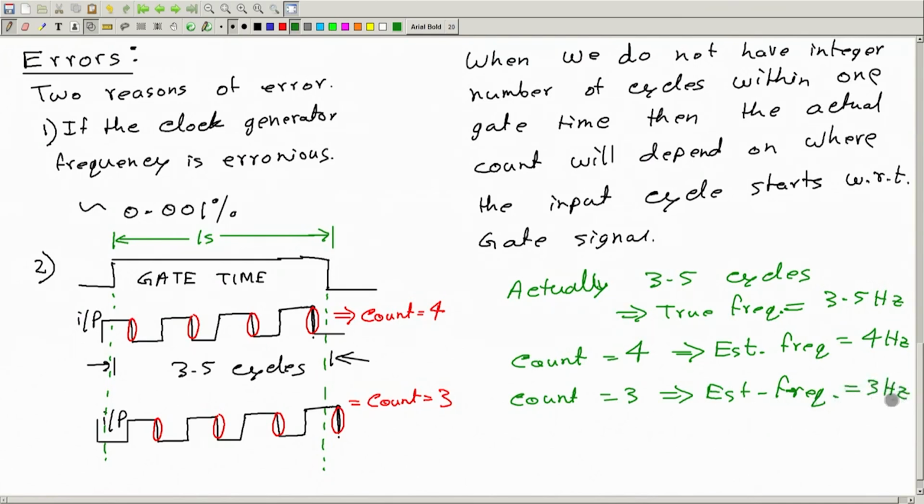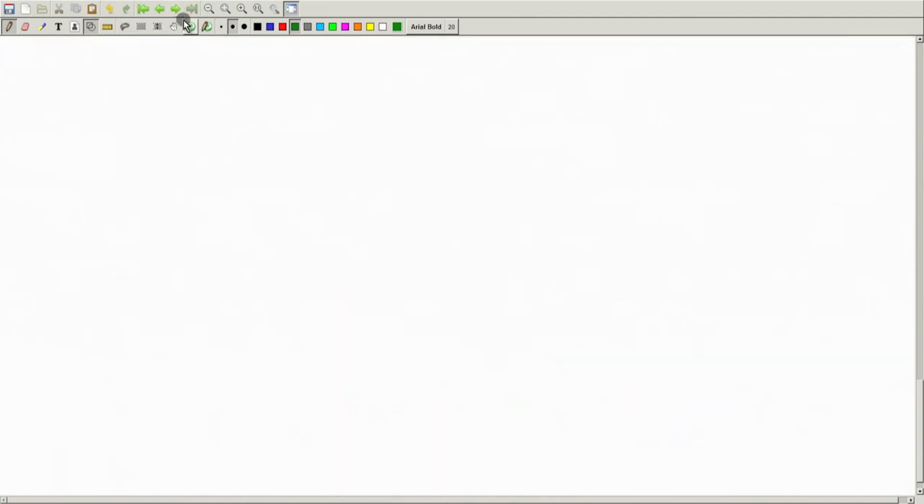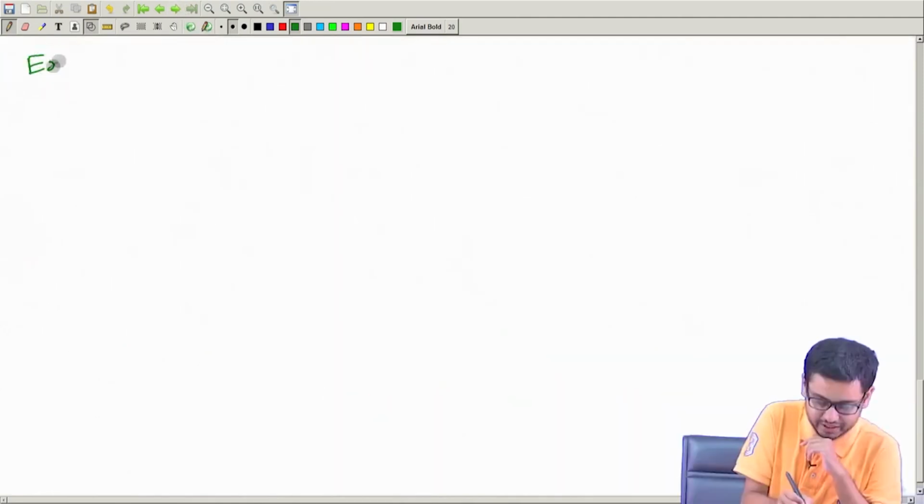In this way, we can have an error. So, here we have an error of half hertz, 0.5 hertz, and here also we have an error of 0.5 hertz.